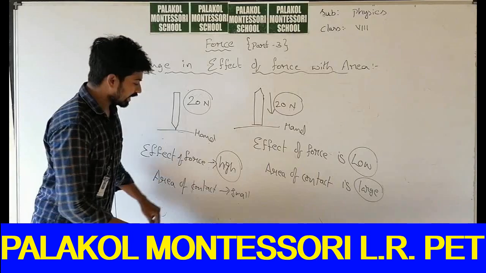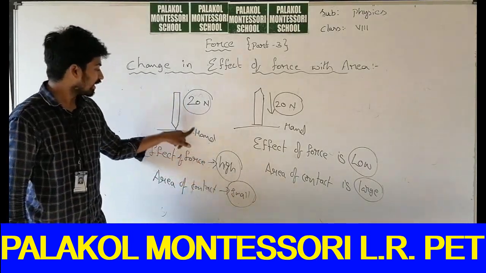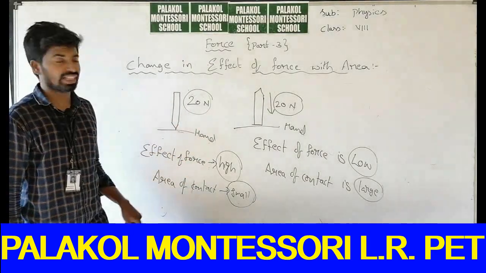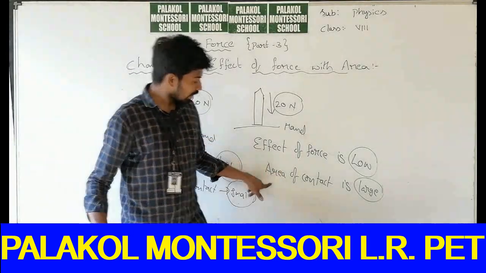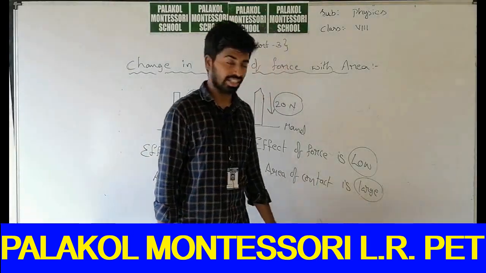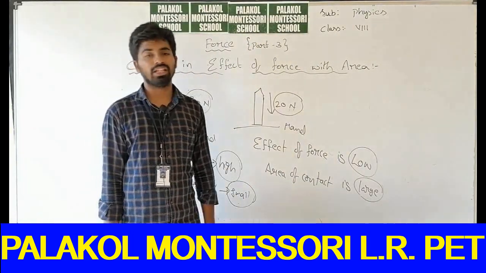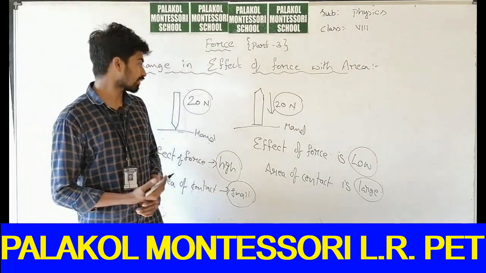So if the area of contact is small, a greater effect of force will be there, and it will hurt you a lot. In this case the area of contact is large, so the effect of force is low.